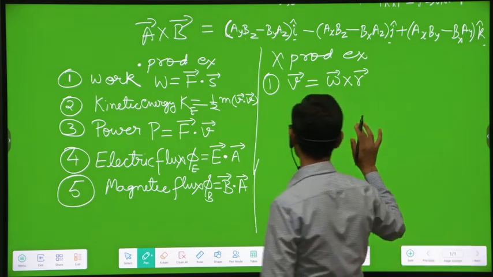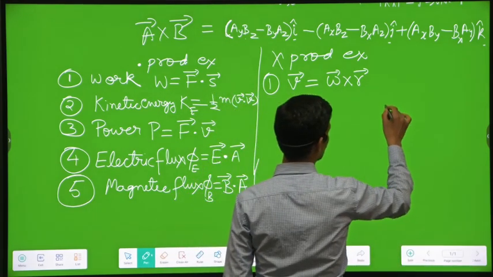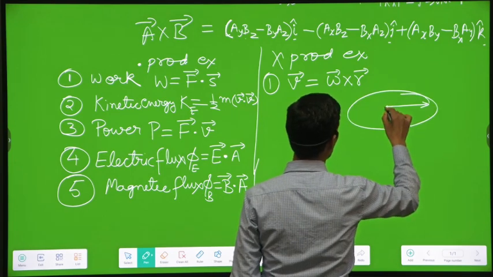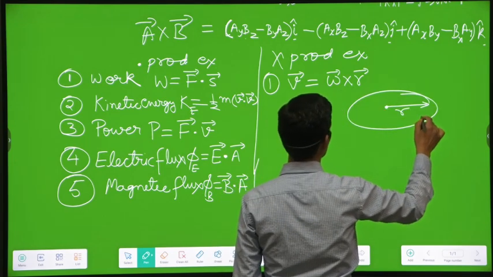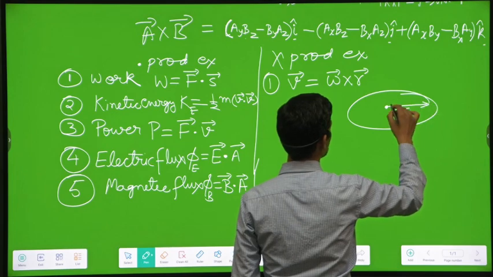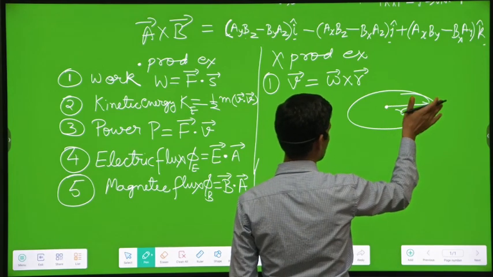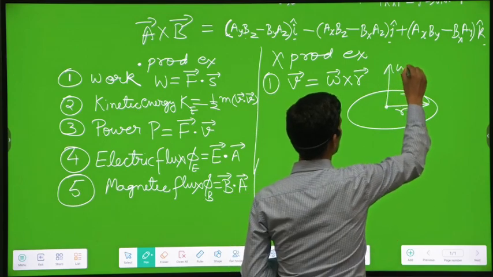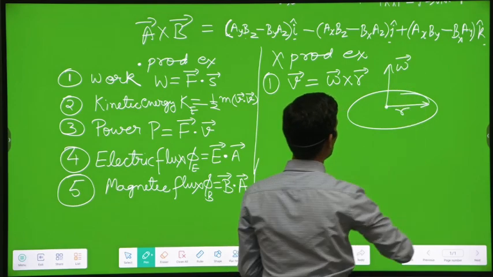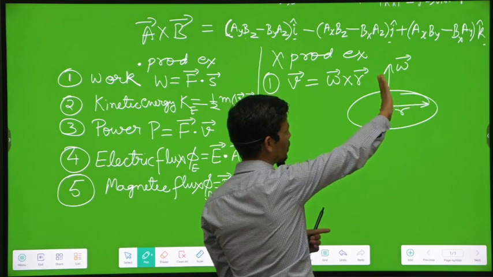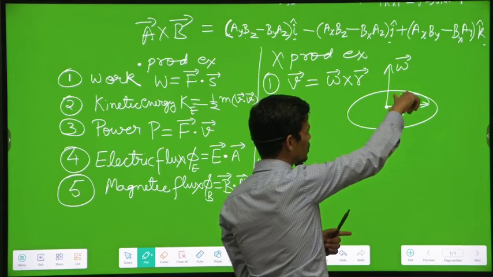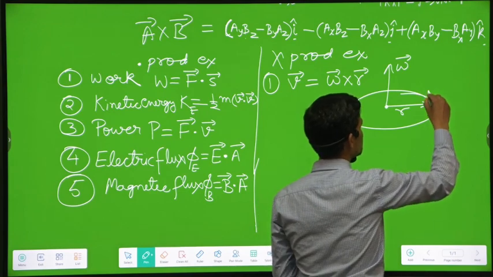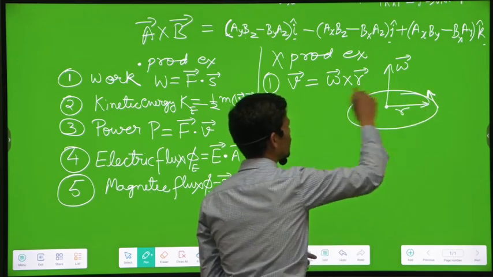Like if this is rotating in a circular path, this is r, and its angular velocity, as I told you, the direction in which it rotates, this is omega. So omega cross r, so linear velocity is going this way, and that is why it is moving that way.